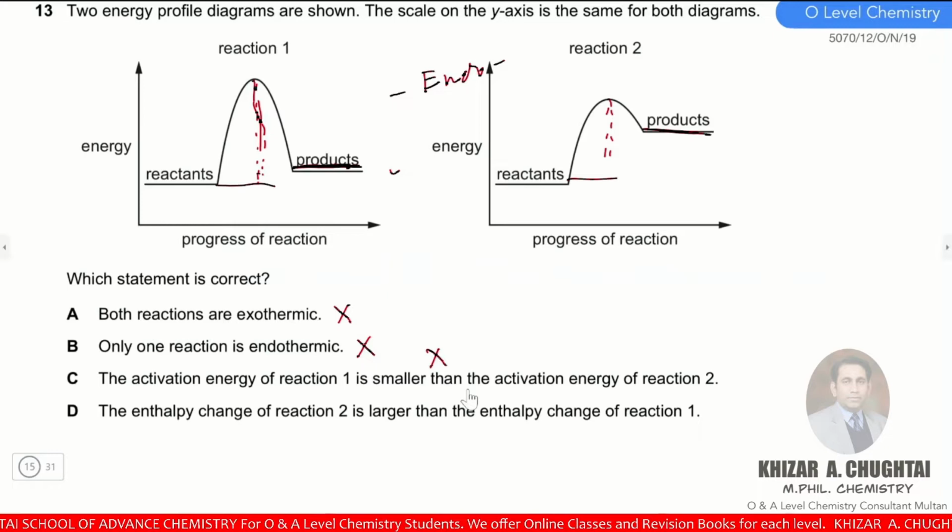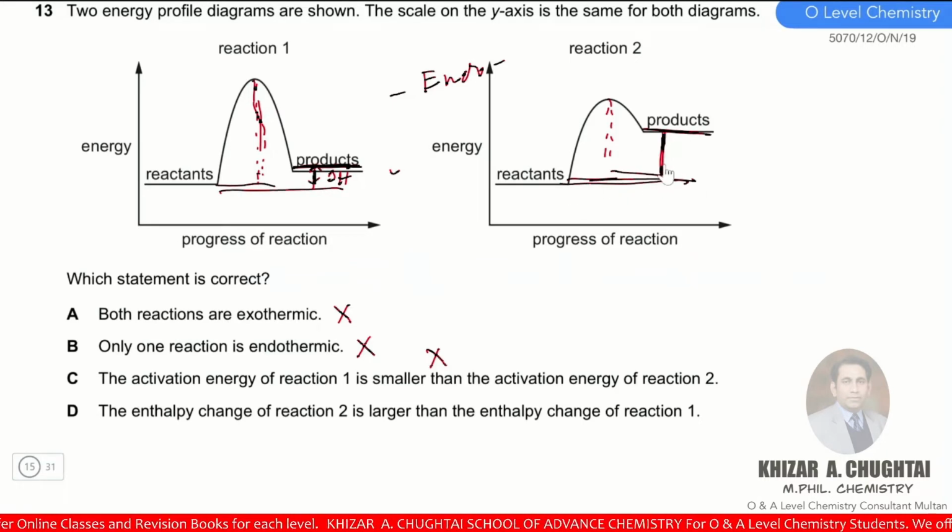Again, you have only one option, D. The enthalpy change of reaction 2 is larger than the enthalpy change of reaction 1. Yes, this gap is demonstrating the enthalpy change, delta H. So yes, the enthalpy change of reaction 2 is larger. So D is the correct option.